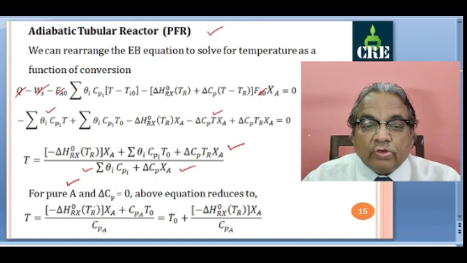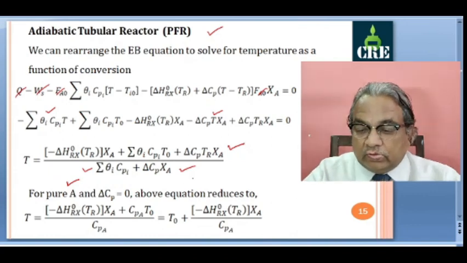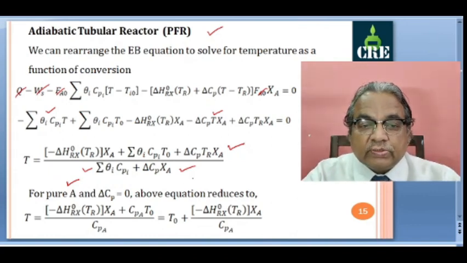So in the numerator we have only these two terms, and in the denominator you are using pure A, so only A is there, so this will be 1 and CPI is CPA. So this can be written as CPA cancels out T0 plus this term minus delta HRX of TR into XA divided by CPA. So we can write these equations for adiabatic tubular reactor.